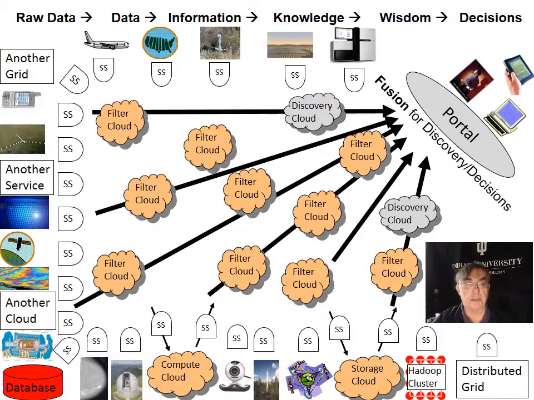This is a picture we referenced before, and one I've used many times. I built it a long time ago, and it basically points out that the world consists of sources of data, which are arranged around the edge.